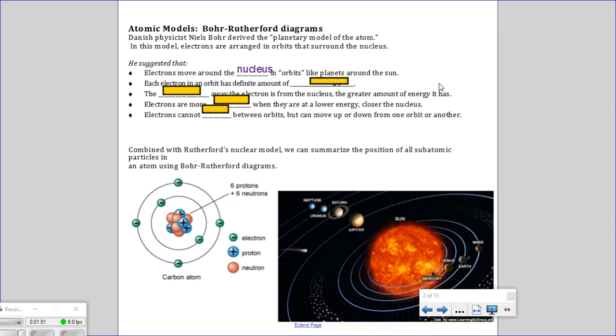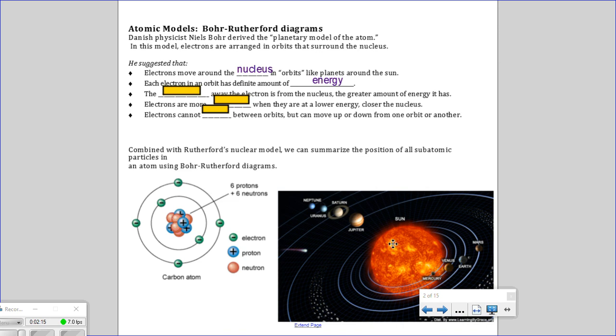Each electron in an orbit has a definite amount of energy, and this is usually referred to as a quantum of energy. This definite amount of energy has implications for the movement of the electrons.